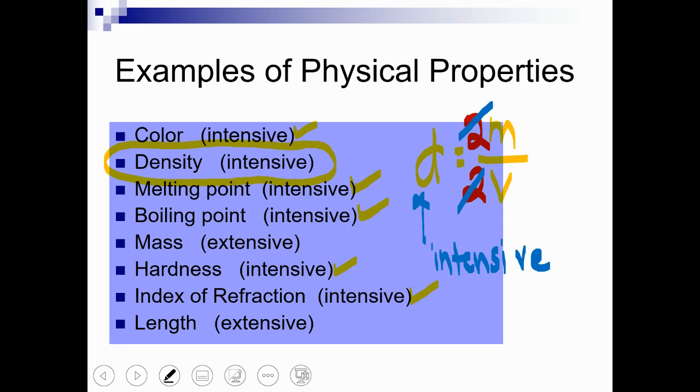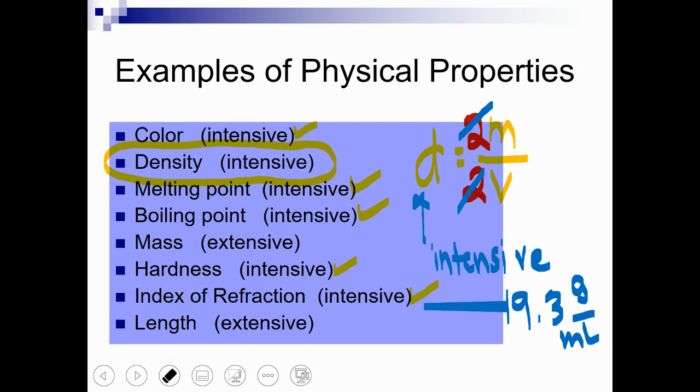This is basically how, in the Western gold rush, they knew if they actually had a nugget of gold, or a nugget of fool's gold, which is like an iron pyrite that kind of has a goldish color, because of the density. Pure gold has a density of 19.3 grams per milliliter.